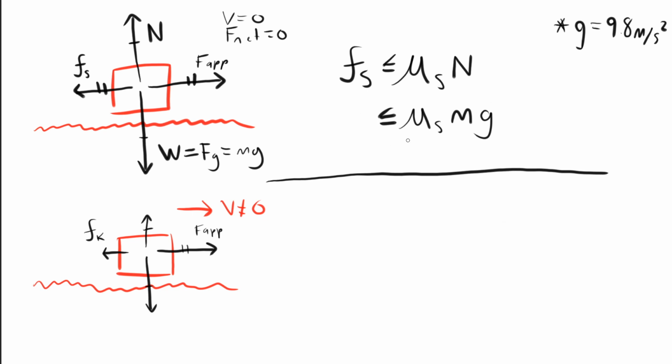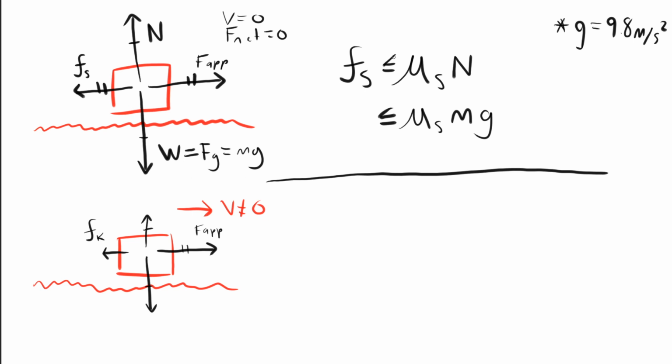So this is the formula that tells us the static friction that's working on the object, how big this force is. And note that that is only related to the normal force, how hard the surface that it's sitting on is pressing into the microscopic little pieces of this box.